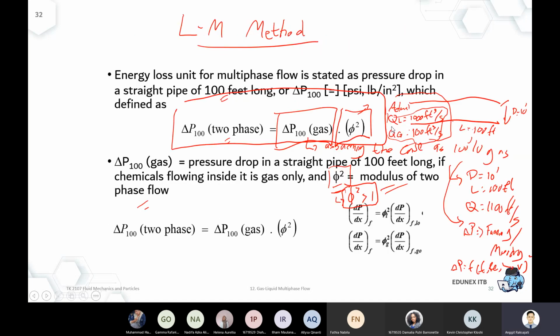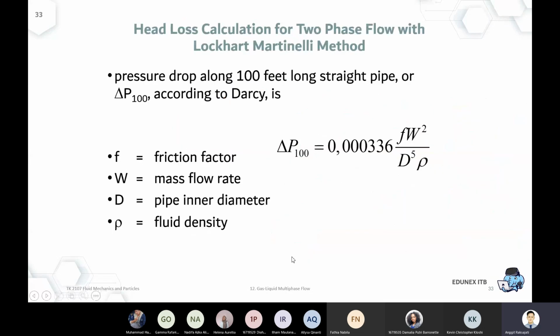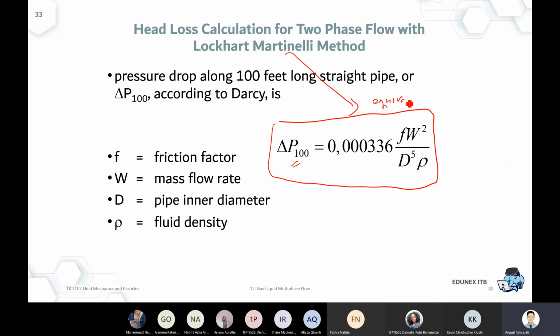So now the question is how to calculate this modulus. The delta P part, again, is another empirical equation provided by Lockhart-Martinelli, but it's actually equivalent to the Fanning equation for a pure gas system.